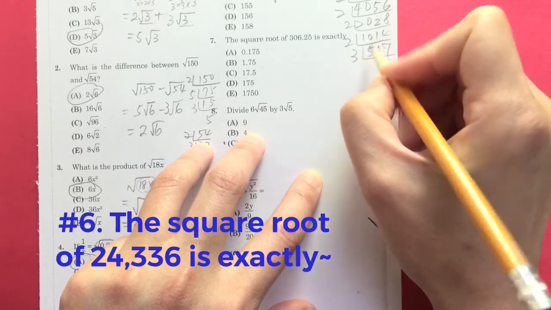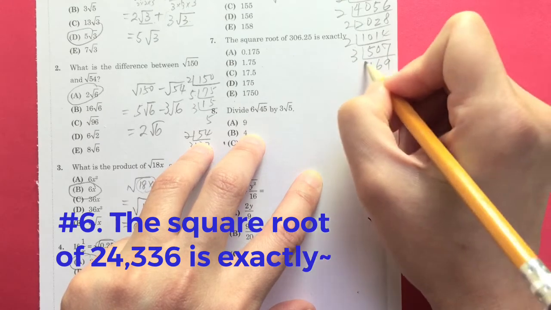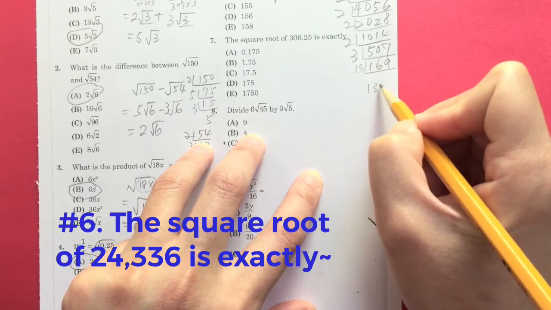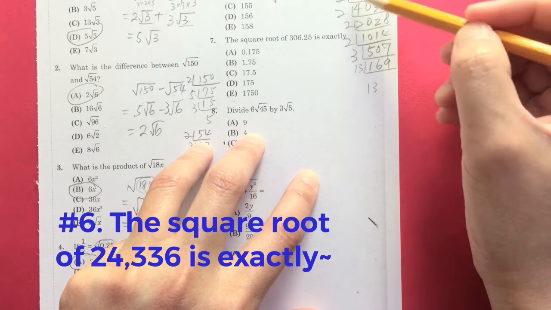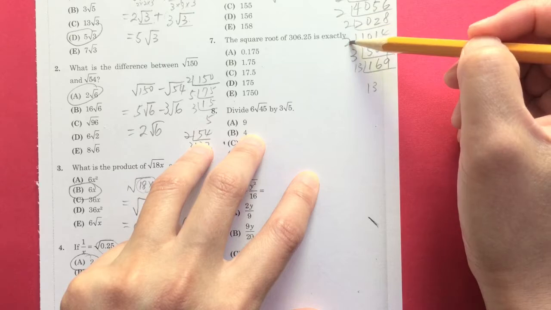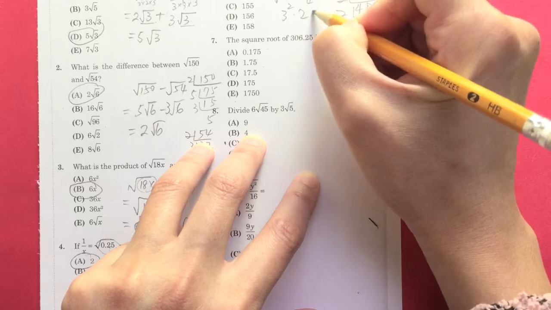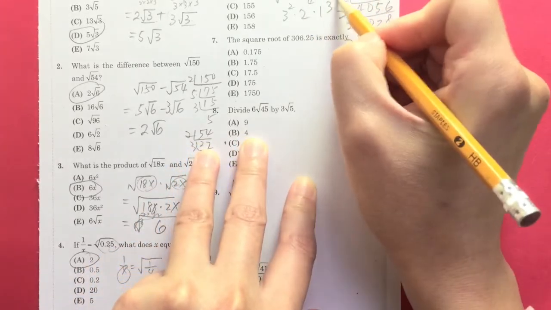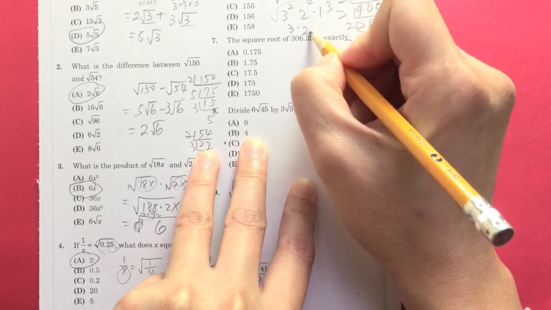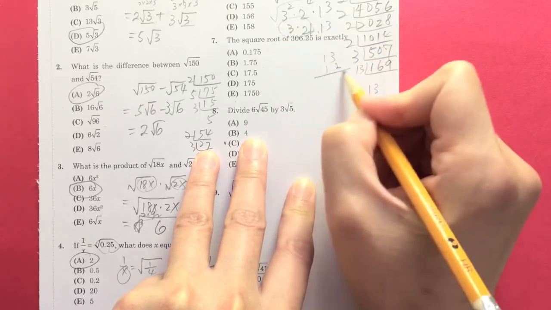Okay, 3, 1, 6, 9. And I know 169 is 13 and 13. So let's count it. How many? There are 2, 3, and then there are 1, 2, 3, 4. So it's 3 to the second power times 2 to the fourth power times 13 to the second power. So when we do the square root, the answer should be 3 times 2 to the second power, which means 4 times 13. So the answer is 13 times 12.